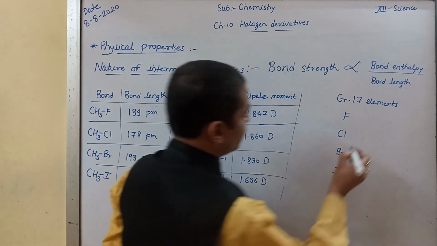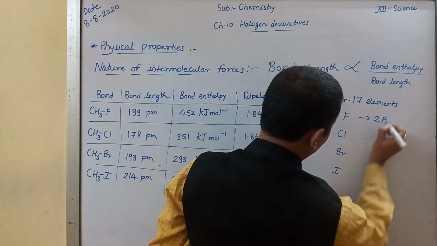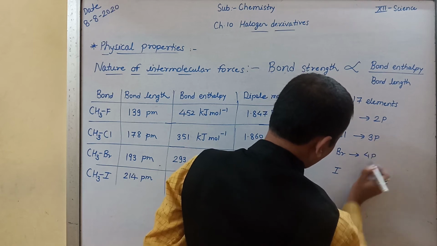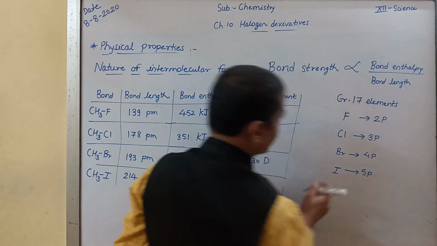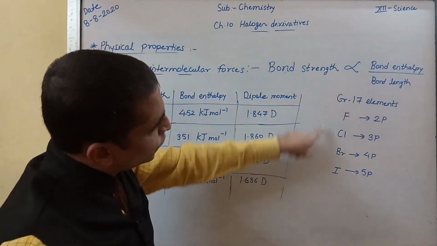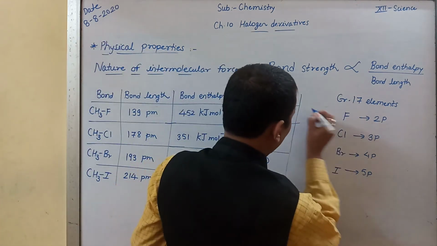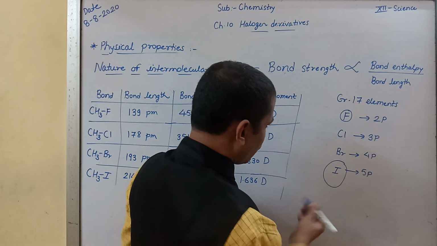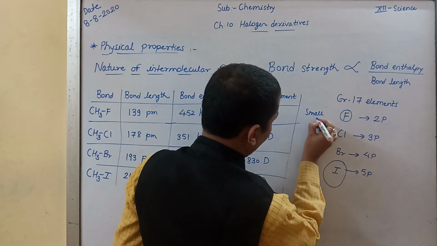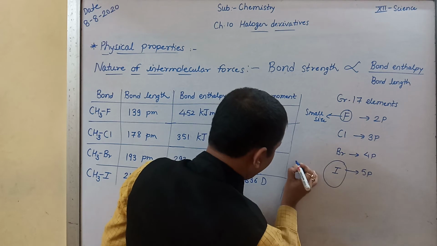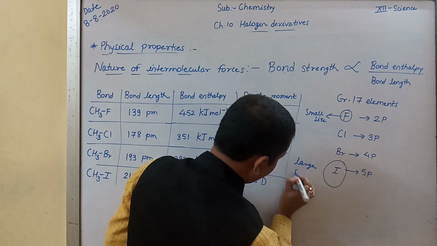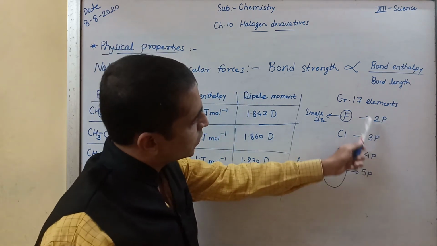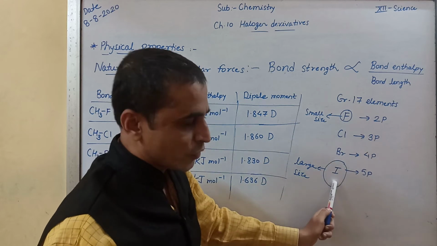You know that fluorine has 2p orbital, chlorine has 3p orbital, bromine has 4p orbital and iodine has 5p orbital. From this you know that fluorine has small size and iodine has bigger size, because the size of the p orbital increases down the group from fluorine to iodine.